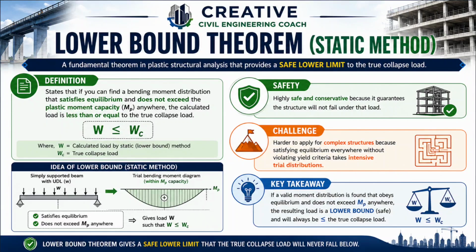The lower bound theorem states that if you can find a bending moment distribution that satisfies equilibrium and does not exceed the plastic moment capacity anywhere, then the calculated load is lesser than or equal to the true collapse load. So here it is represented by W lesser than or equal to WC, where W stands for the calculated load by the static method and WC stands for the true collapse load.